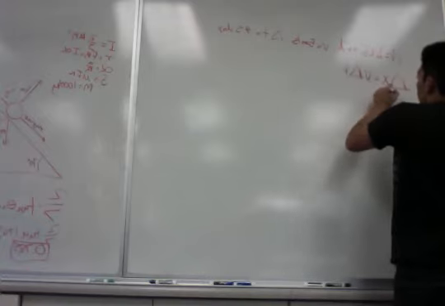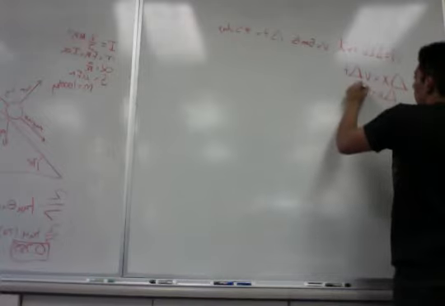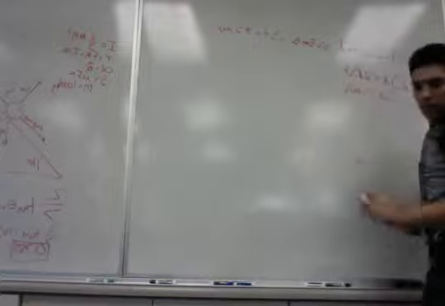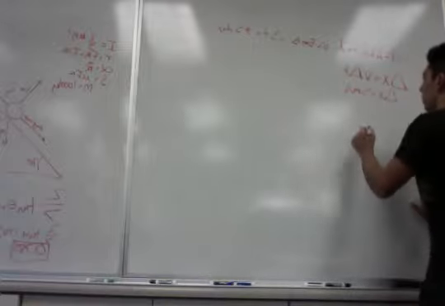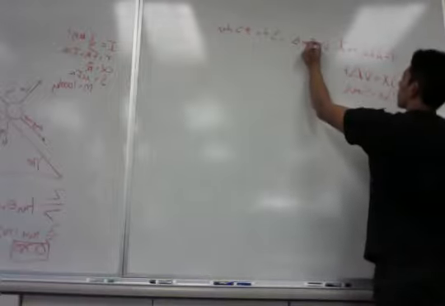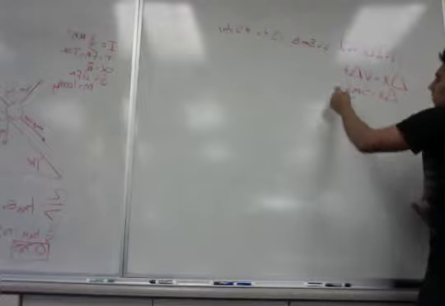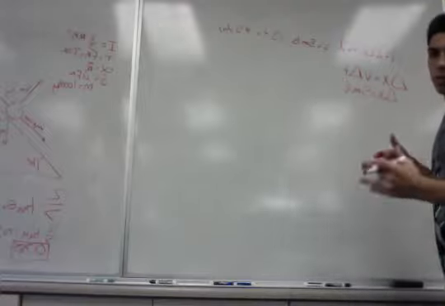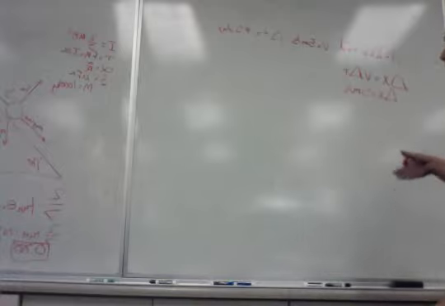So our change of x is going to be equal to 5 meters per second, or 0.5 meters per second, times 4.5 days.